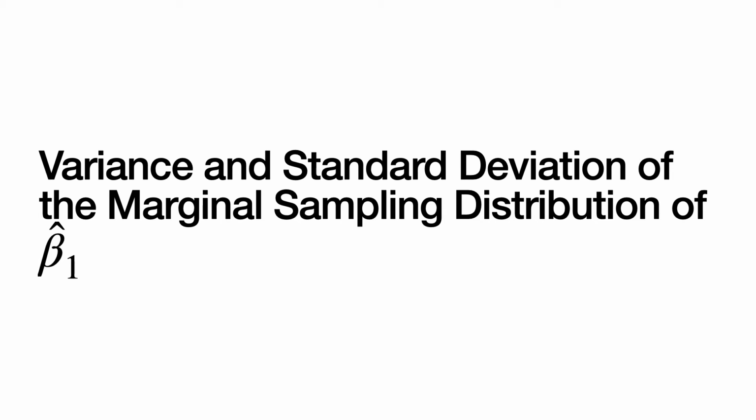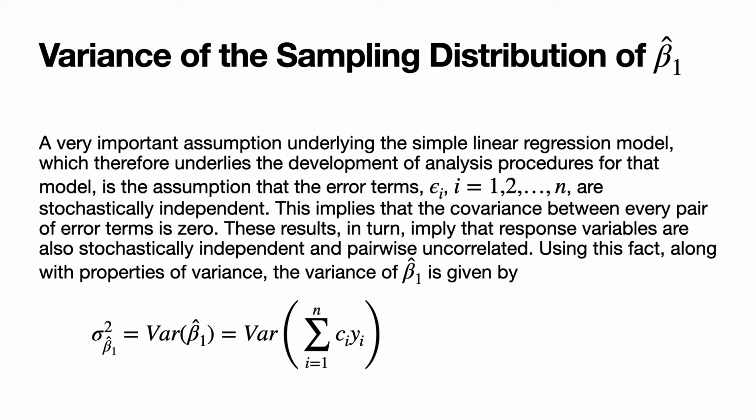Next, let's derive formulas for the variance and standard deviation of the marginal sampling distribution of beta 1 hat. A very important assumption underlying the simple linear regression model, which therefore underlies the development of analysis procedures for that model, is the assumption that the error terms, the epsilon sub i's, i going from 1 to n, are stochastically independent.